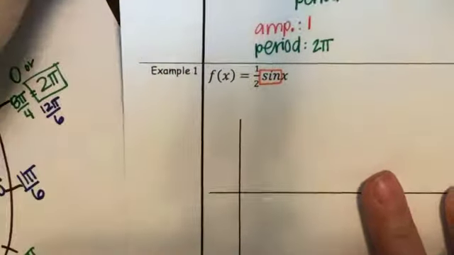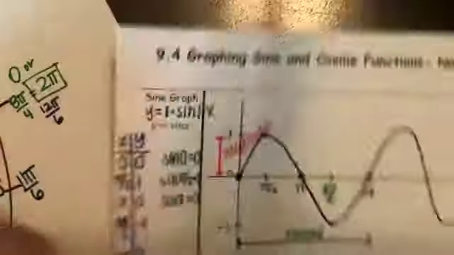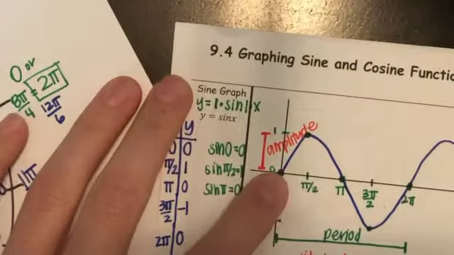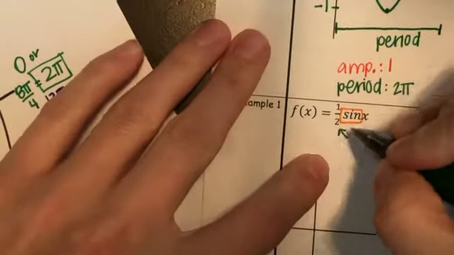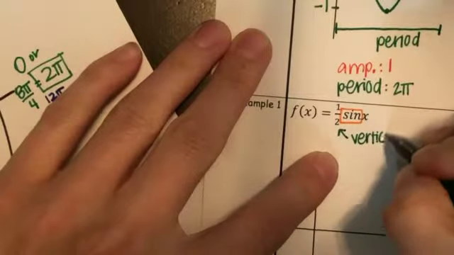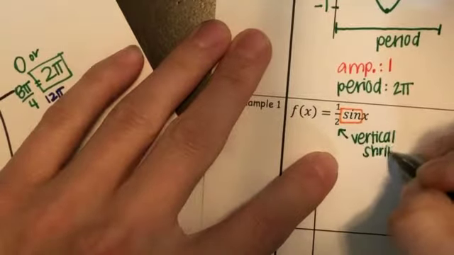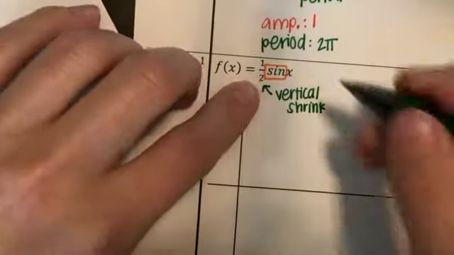Remember, the sine graph is going to go through 0, 0. Since this is 1/2, this is going to be a vertical shrink. It's going to shrink our graph down, but more importantly, that tells us the amplitude.